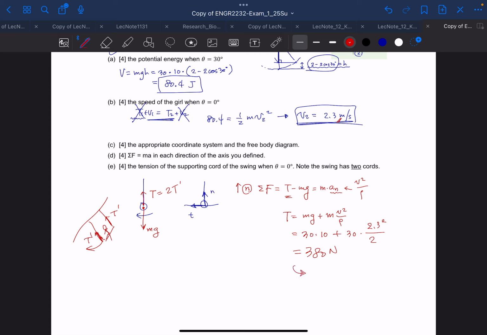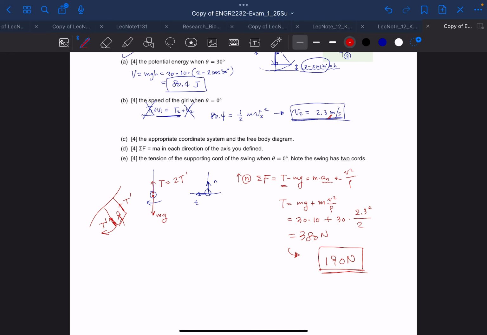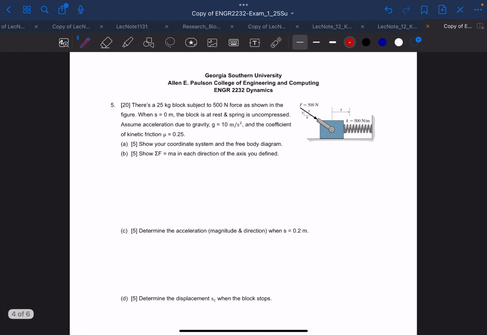So the final answer is going to be 190 Newton each being applied to the cords. Okay? Does that make sense? Up to here, any questions? All right. Not. Let's move on.